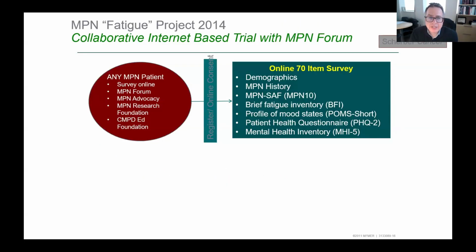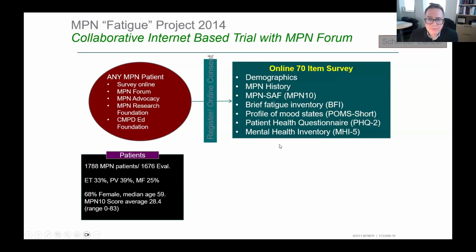The MPN fatigue project started quite some years ago in 2014. It was a collaborative internet-based study with what was the MPN Forum that was ultimately published by Dr. Sherber and Ruben Mesa and colleagues.